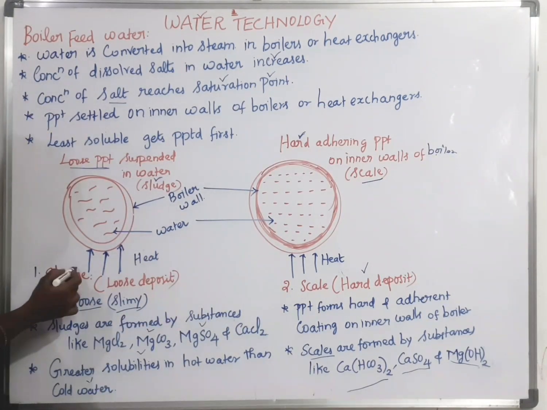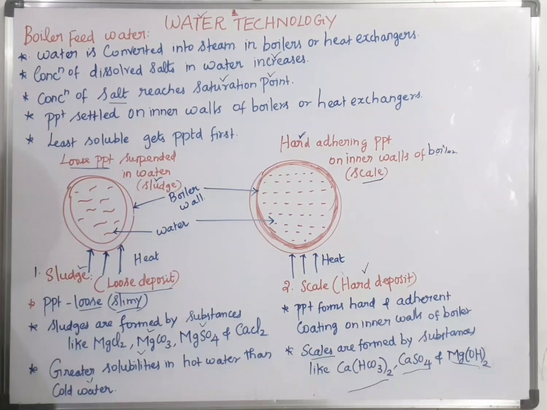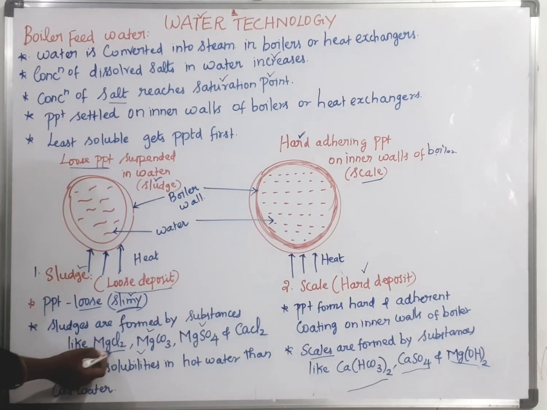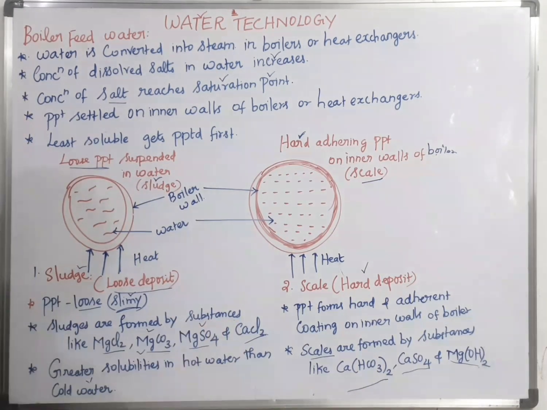Let us first know about the sludge. Sludge is a loose deposit. It is a loose precipitate which is slimy. Sludges are formed by substances like magnesium chloride, magnesium carbonate, magnesium sulfate and calcium chloride.